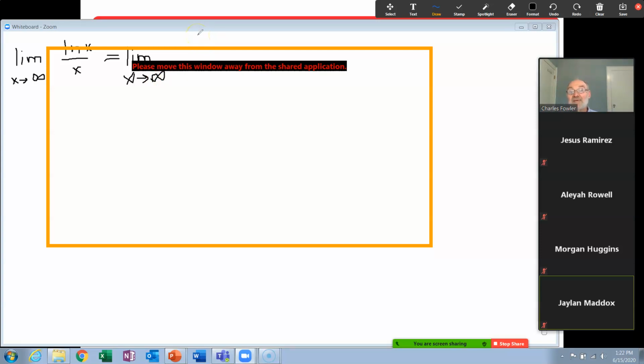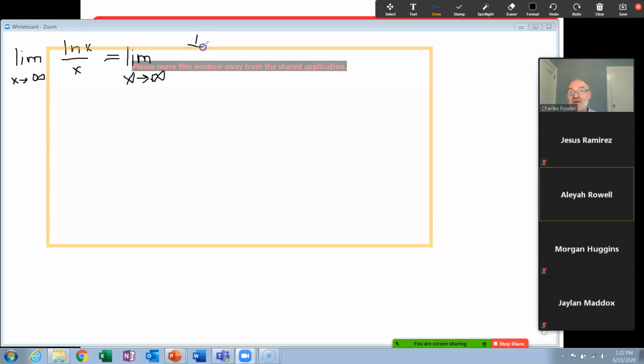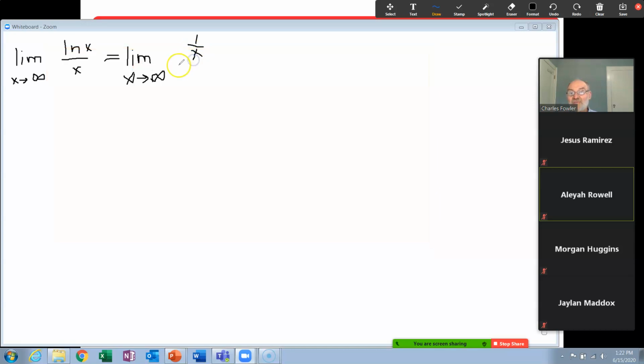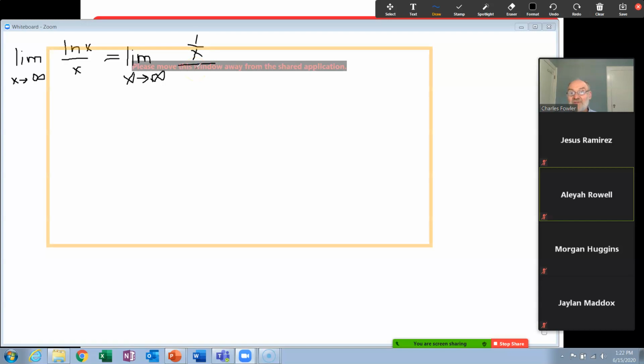Anyone remember that? Please say yes. 1 over x, perfect. And then what's the derivative of x? Pretty easy. 1, right? d by dx of x is 1.